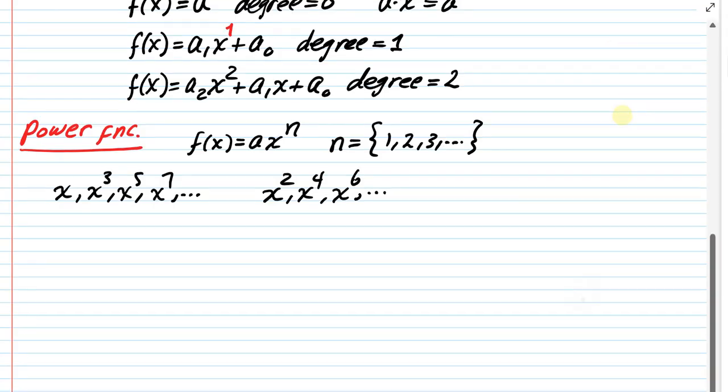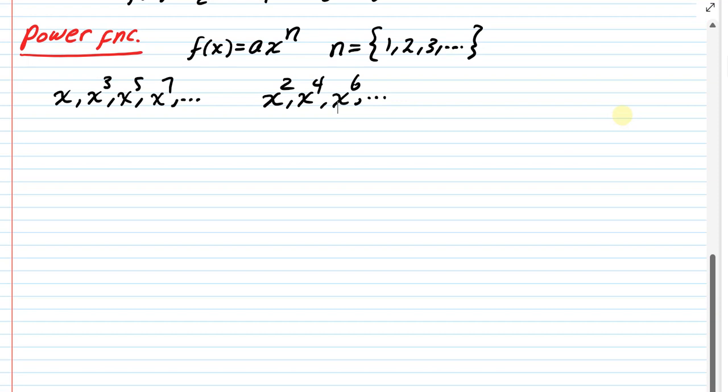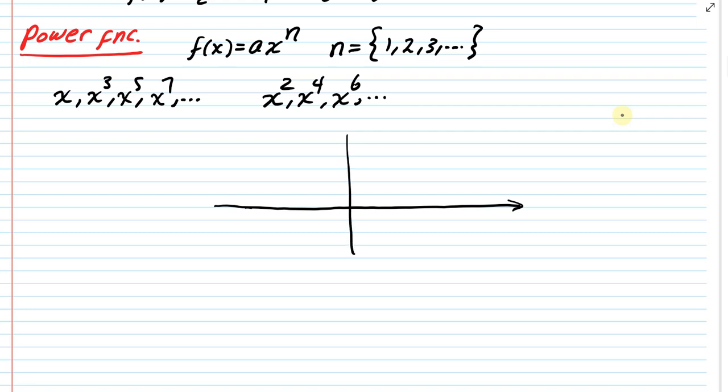Okay, the next idea here I want to talk about are what we call the zeros of these polynomial functions. So if I draw my x-axis here, the horizontal axis, and let's say here's the y-axis. Now I'm just randomly drawing these.